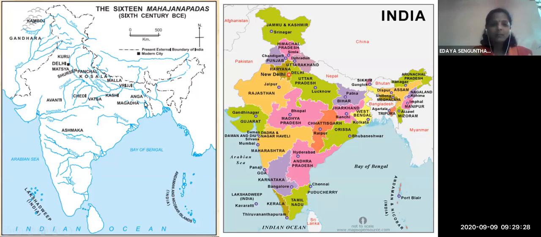And where can you place Anga in today's map? Where can we write Anga? Yes, you can unmute yourself and answer. Somebody else. Pankiti, you can say, beta.